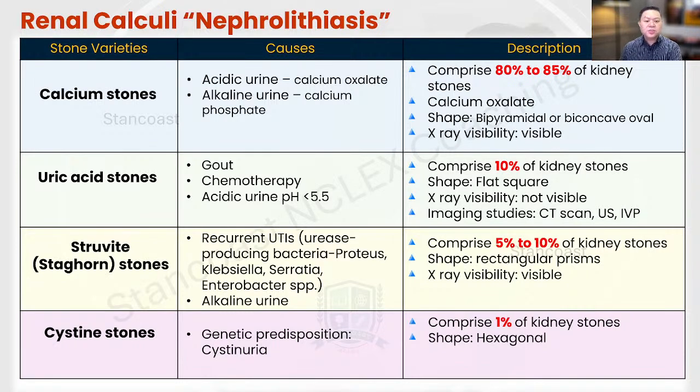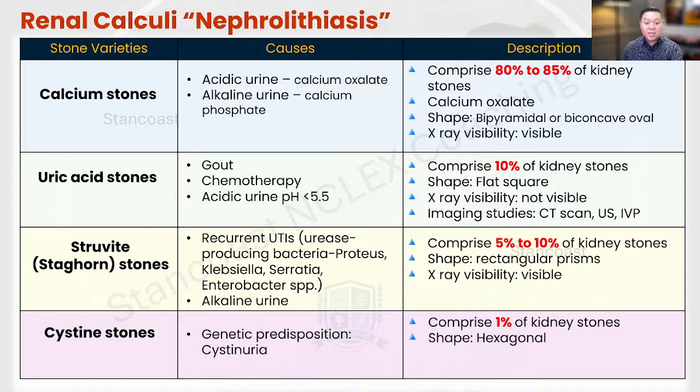And for those stones that are smaller, maybe a half centimeter or 0.5 centimeter, they are going to typically pass spontaneously. So lucky if you have that kind of small stone. But for those who have larger stones, this can really cause obstruction, and it will probably cause post-renal loss. And this can really lead to acute renal failure if not detected right away.